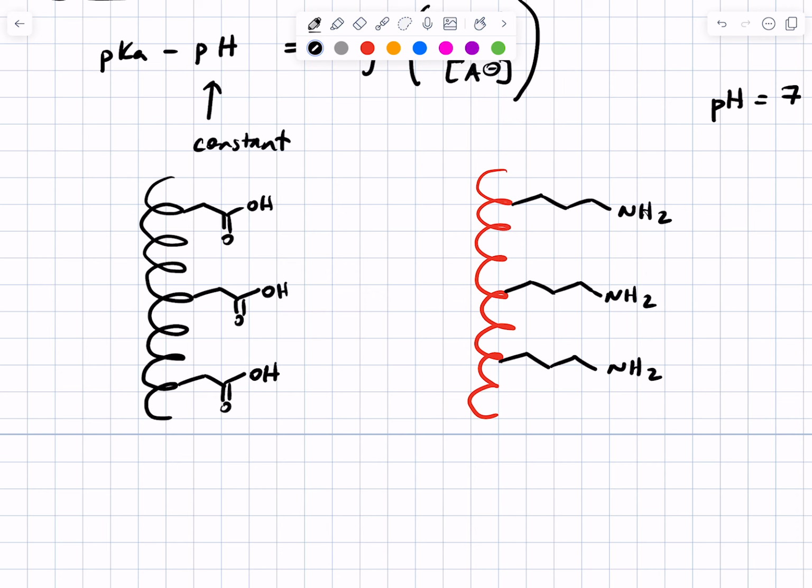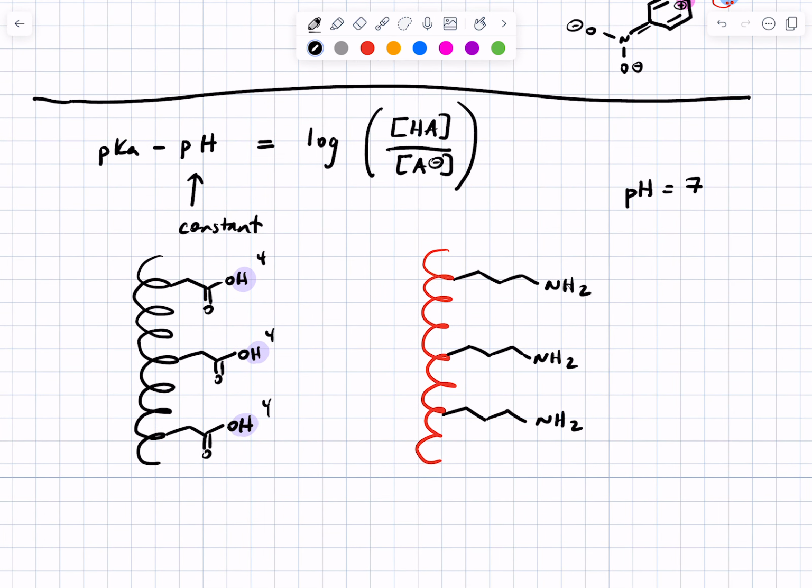If we look it up in a pKa table, you would find that a carboxylic acid like this usually has, and we can highlight the acidic protons with purple, carboxylic acids usually have pKa's around 3 or 4. For this particular amino acid side chain, we'll just say 4 is the pKa.